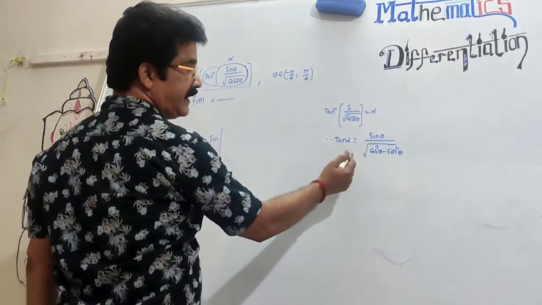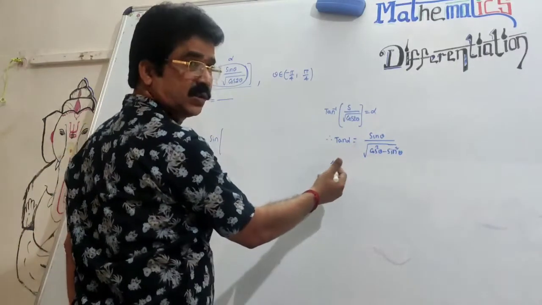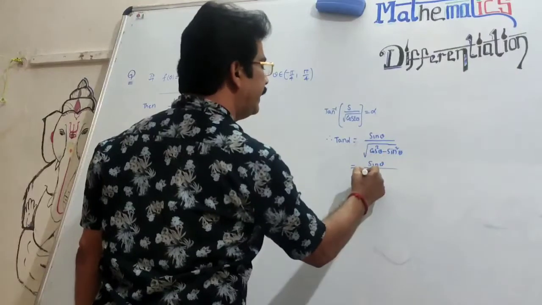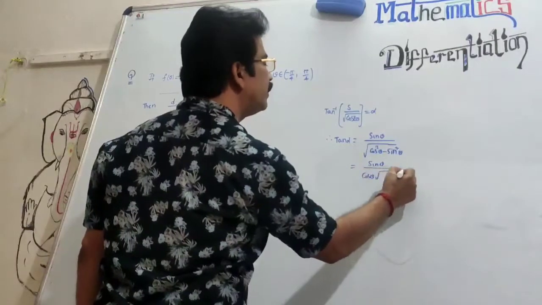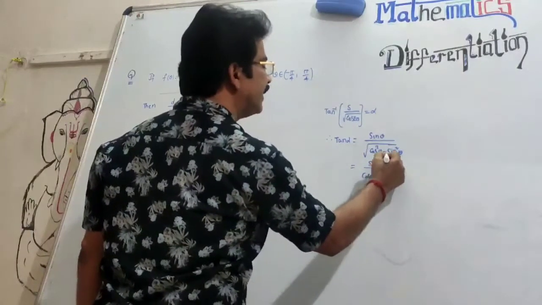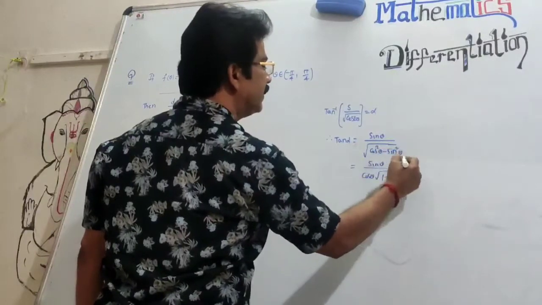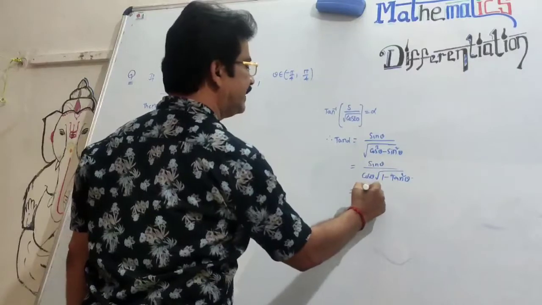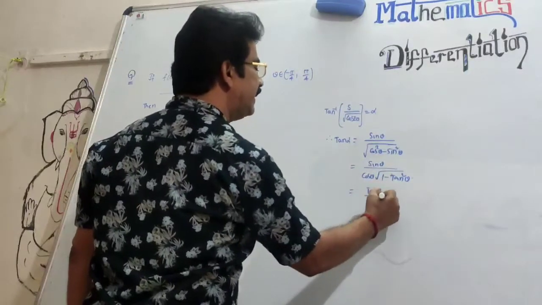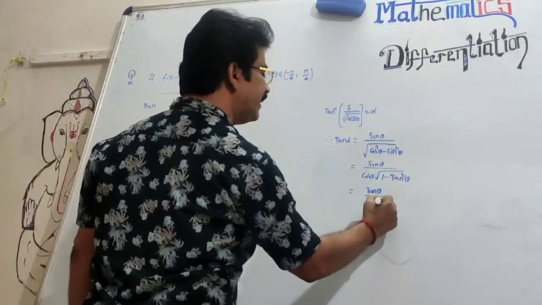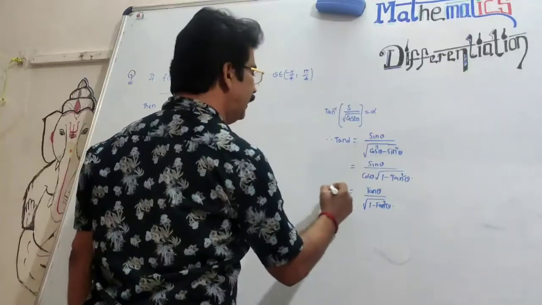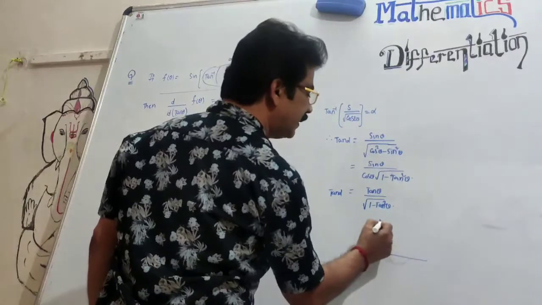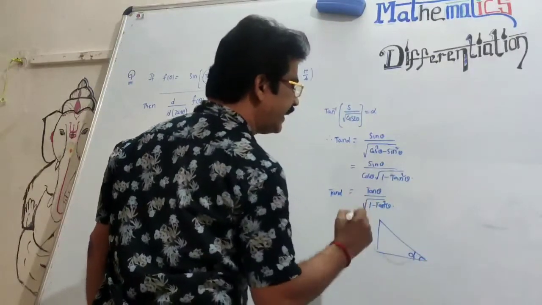Later from the denominator we can take common cos square, then the numerator is the same, divided by cos theta into root of 1 minus sine square by cos square, means tan square theta. So that is equal to tan theta divided by root of 1 minus tan square theta. This is tan alpha.